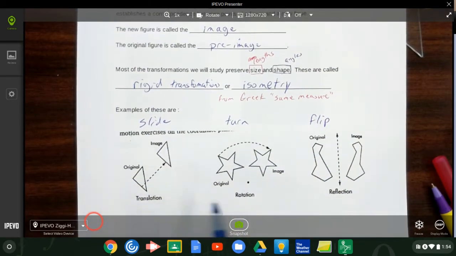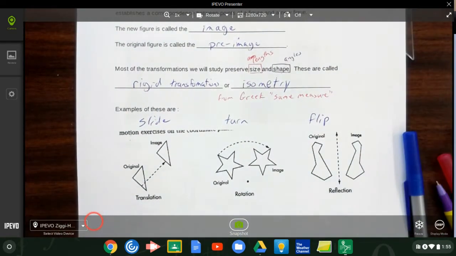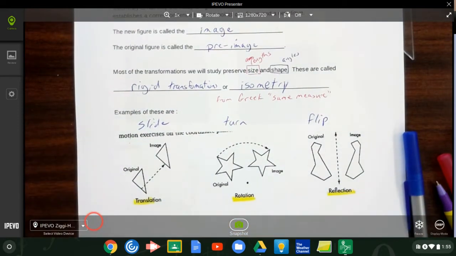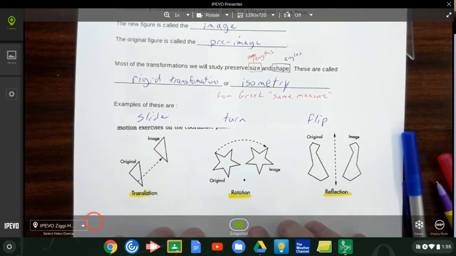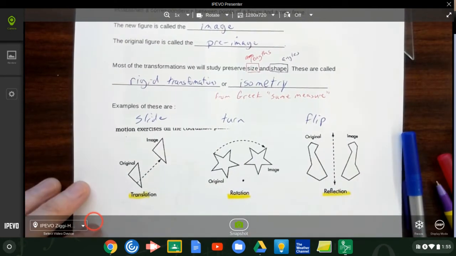So these are the terms that you really want to know. We want to make sure that we have these terms, understand what they mean. Translation is a slide, rotation is a turn, reflection is a flip. And we're going to look at each of these separately. Okay? So without further ado, let's take a look at the first one of these. Let's talk about translations.